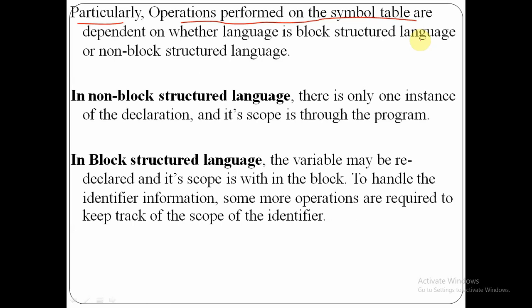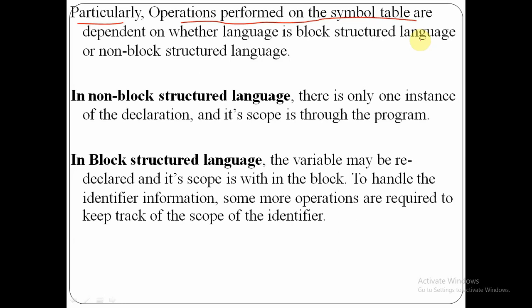In non-block structured languages, there is no block creation and only global variable declaration is available. Variables are always declared openly and used by all statements of the program.